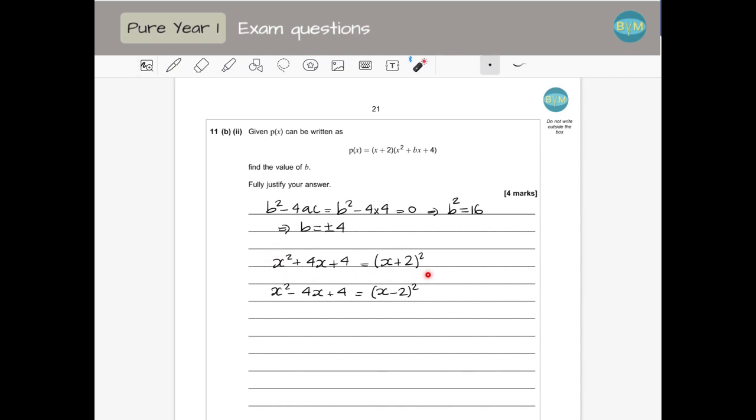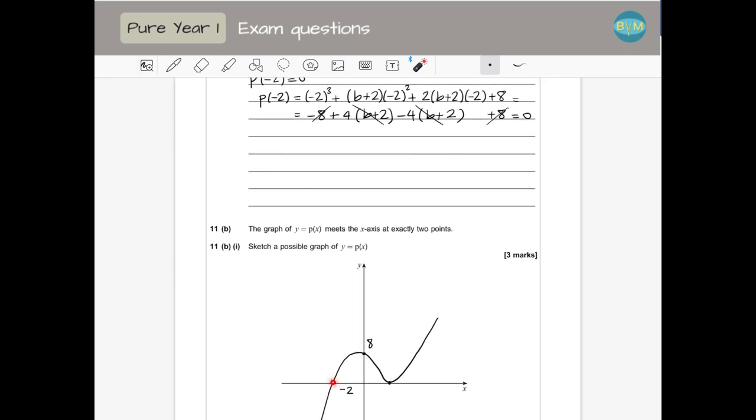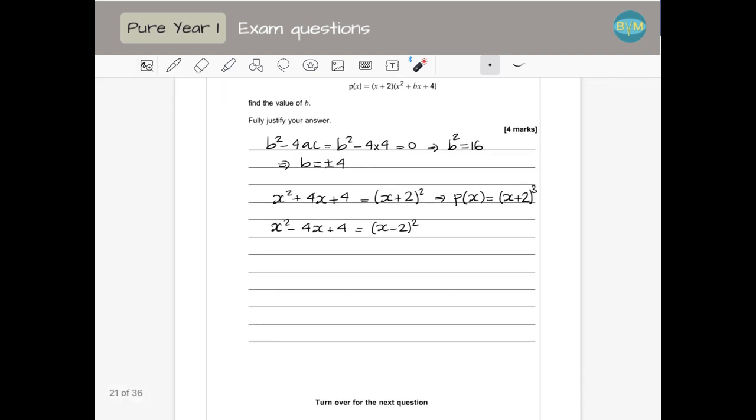If b is 4, the whole p of x would be x plus 2 squared times x plus 2, so the whole thing could be x plus 2 cubed. And then the graph would only meet the x-axis at 1 point. It would do something like this, remember? But it says it cuts at 2 points. So this case cannot be, so b cannot be 4.